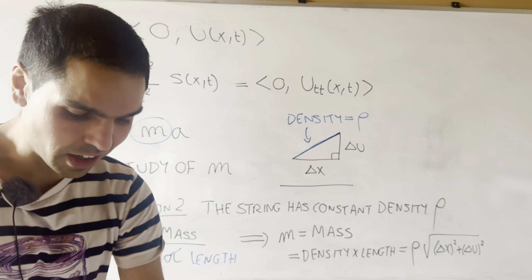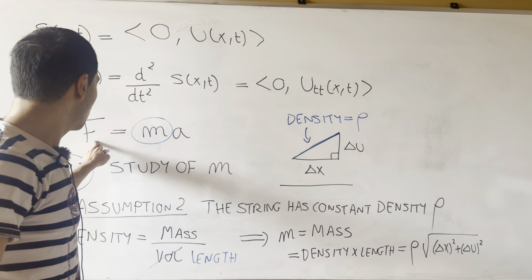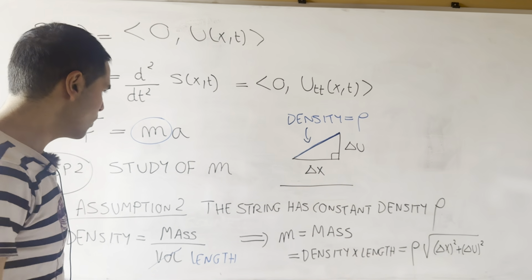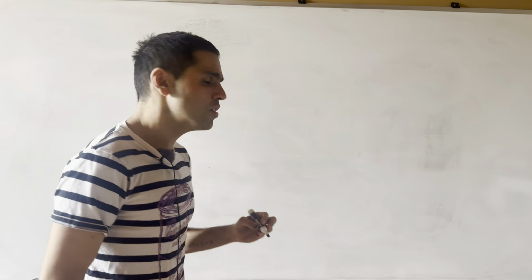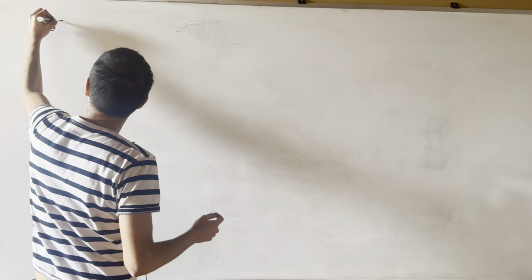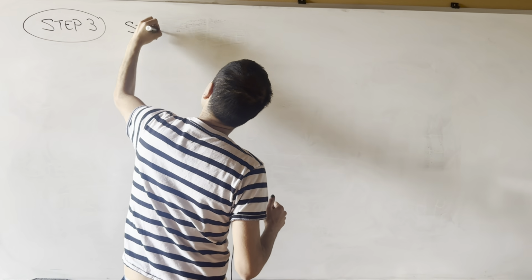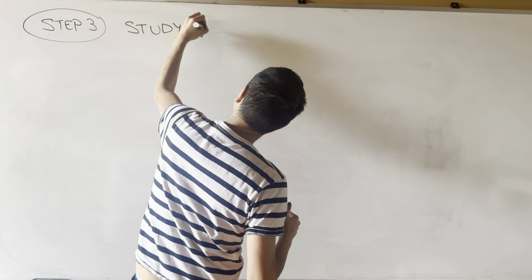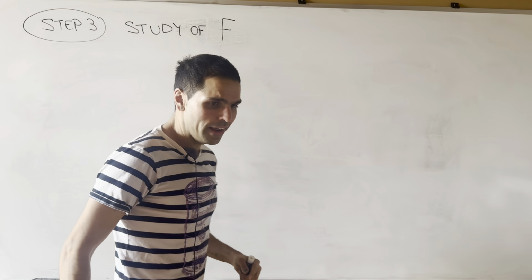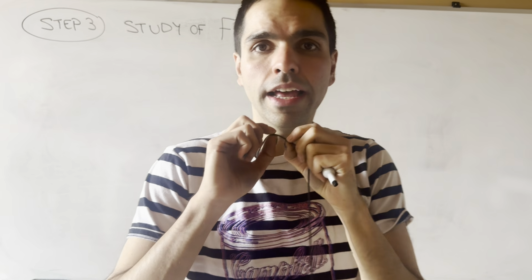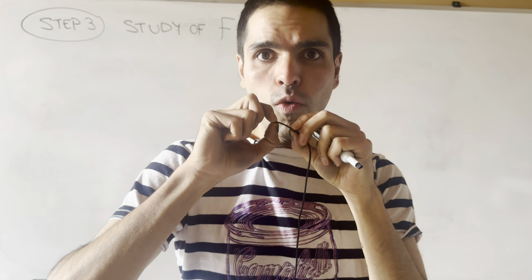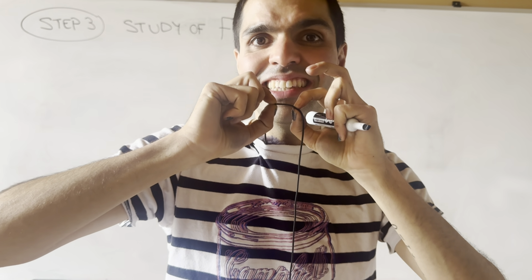And last but not least, all that this boils down to is studying the force. So step 3. Study of F. And what we'll assume is that the only force on the string is the tension.